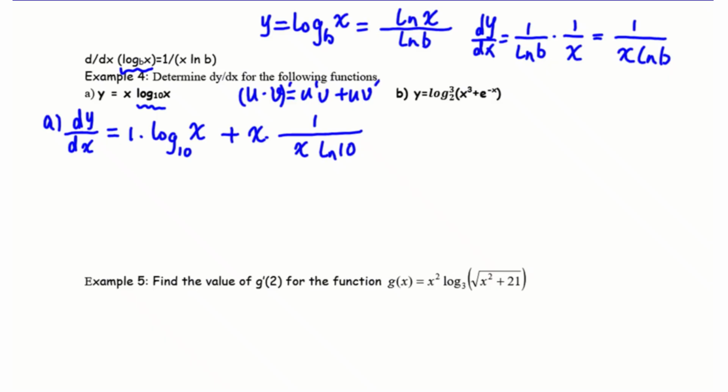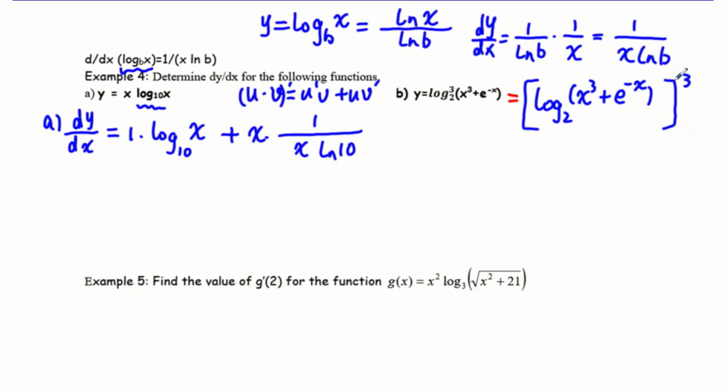And this one is a composite of functions. So we are going to see this one. We do the cube first. So we need to rewrite it as log base 2 of x cubed plus e to the exponent negative x, then the whole thing to the power 3.